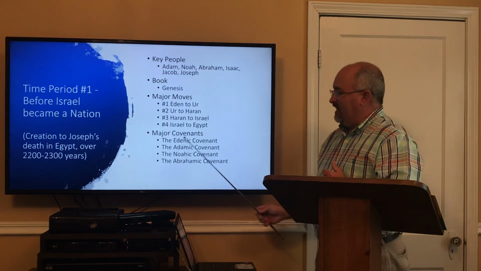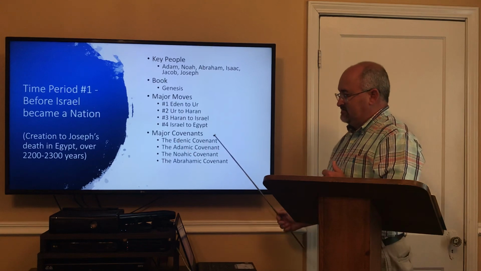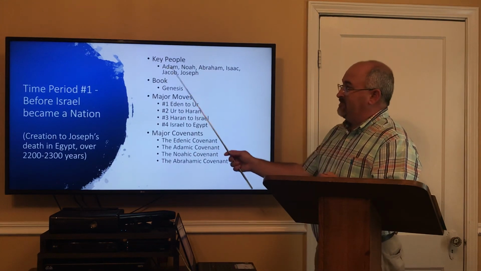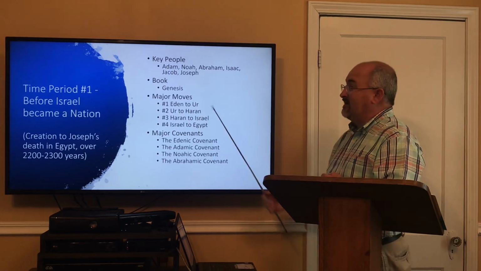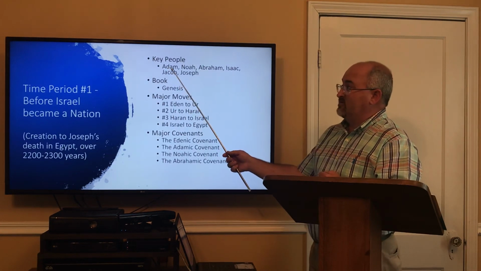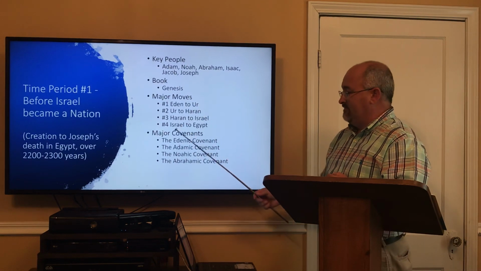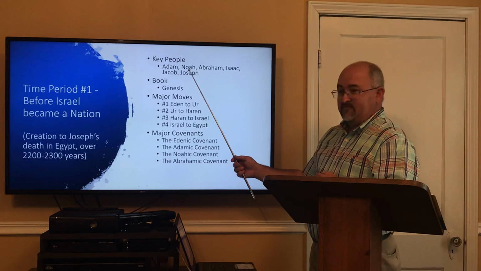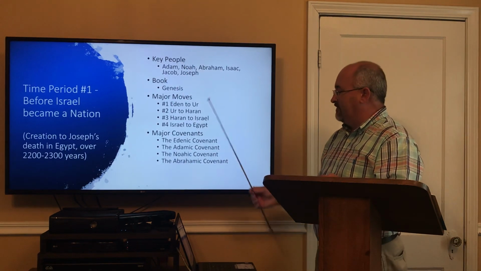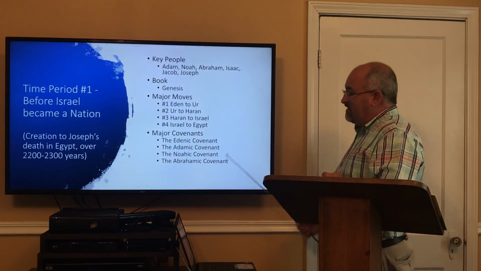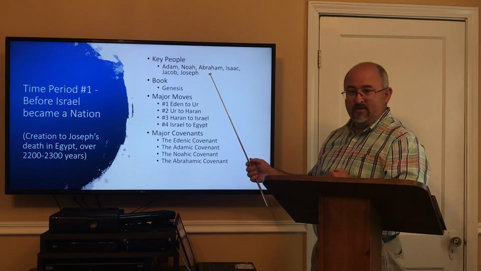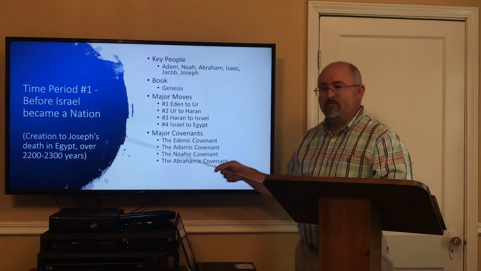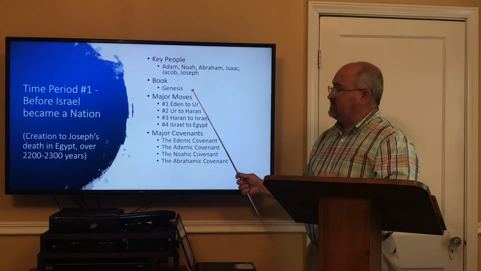Okay? Now, what major covenants? Wow, looky here. The Edenic covenant God made with Adam and Eve. Then the Adamic covenant that God made with Adam after they were kicked out of the garden. Then the Noahic covenant that God made with Noah before and after the flood. And then the Abrahamic covenant that God made with Abraham. Wow. All of this occurred in time period number 1 in the book of Genesis.